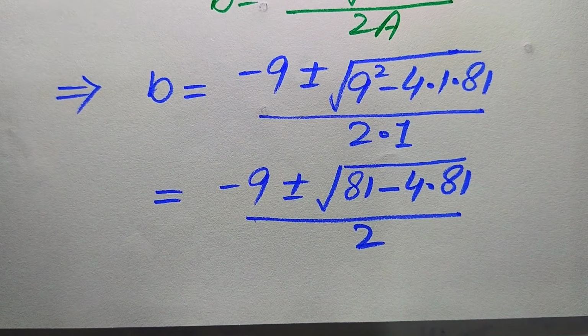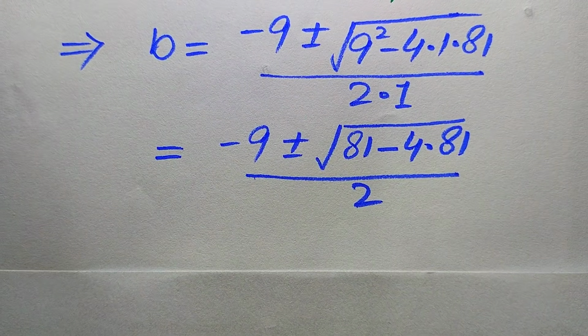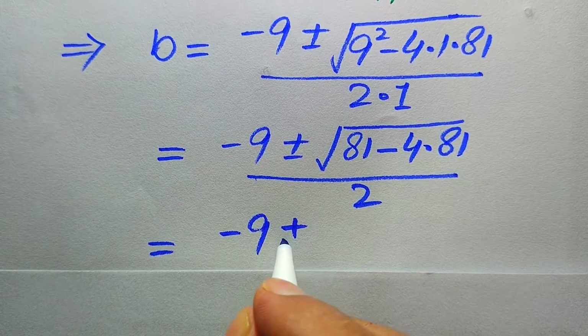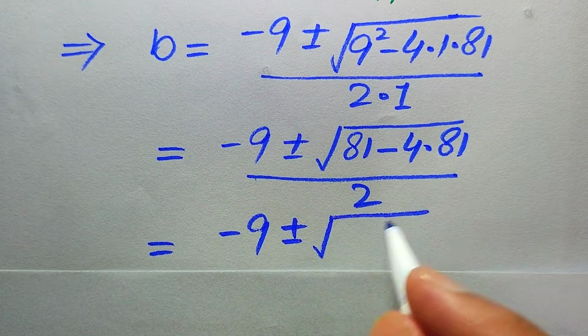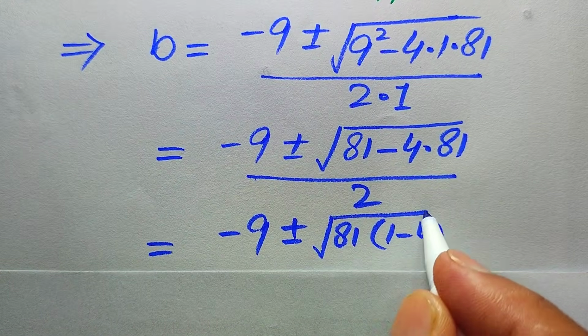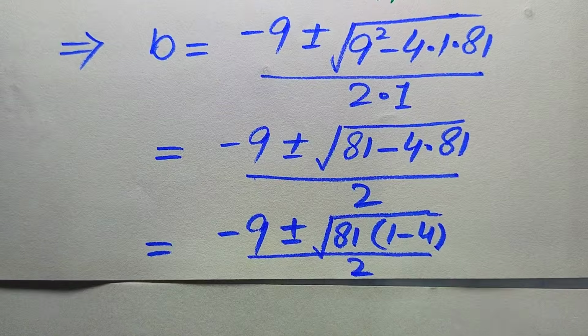And now further in the next step we need more simplifications here, and we just focus inside the square root sign, and here you see that 81 is the common value, so we take 81 common inside the square root sign and we get the remaining values 1 minus 4, and it is divided by 2.